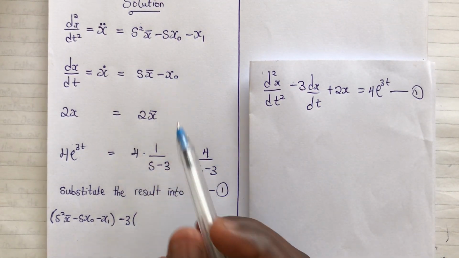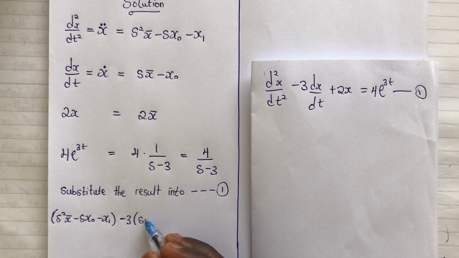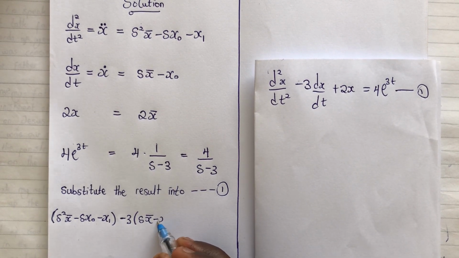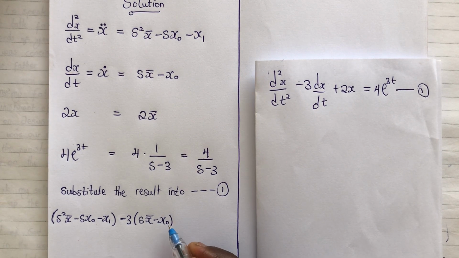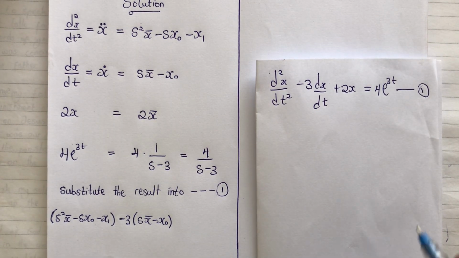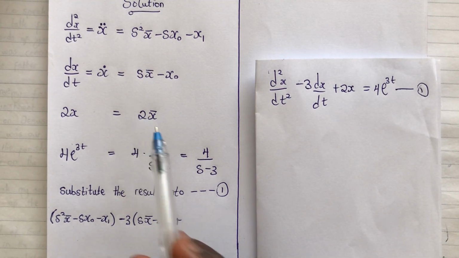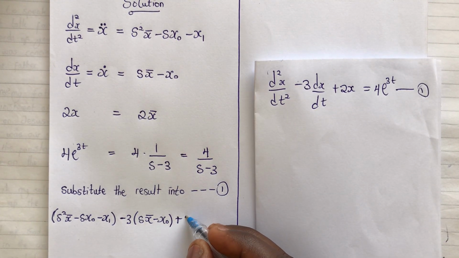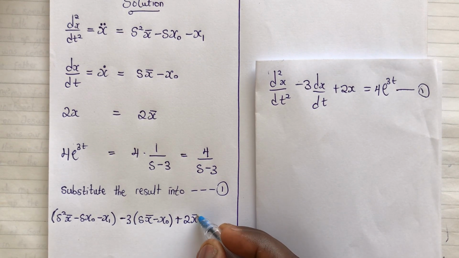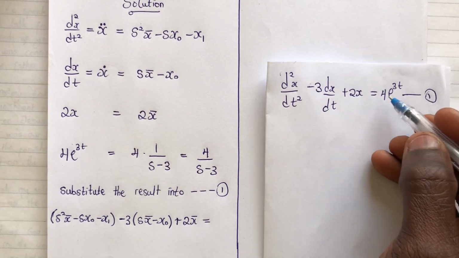The dx by dt is this result. So we have s x bar minus x naught, or x0, whatever way you want to call it, plus then we have 2x. We replace it with what? 2x bar. So plus 2x bar equal to this side.